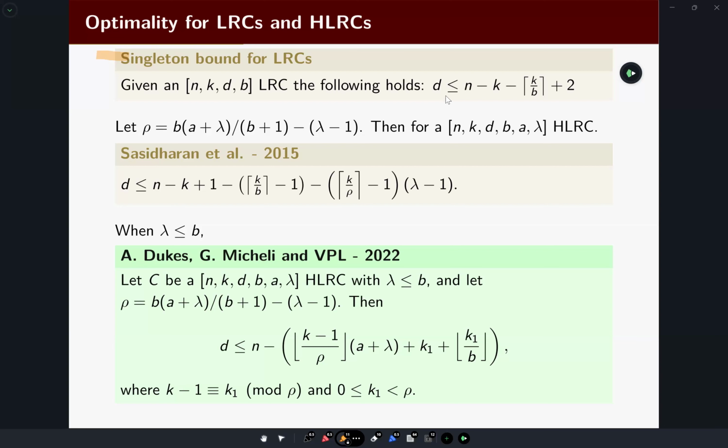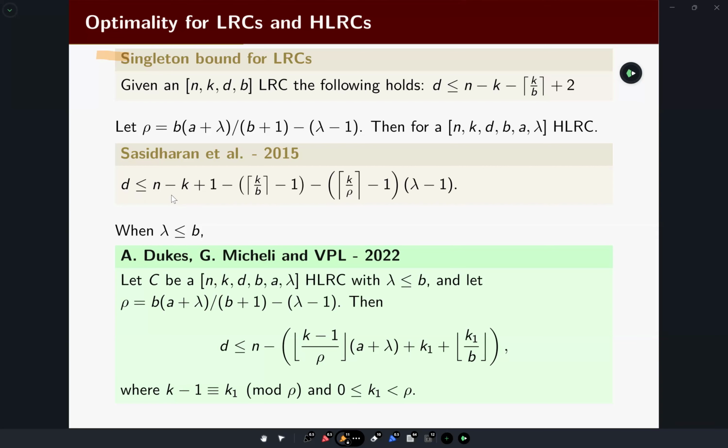And anytime the equality is attained, then we speak about optimal locally recoverable codes, okay? Now, if we have hierarchical locally recoverable codes, the state of the art told us in 2015 that the best trade-off possible was this bound, and codes that attain this bound are called optimal hierarchical locally recoverable codes.